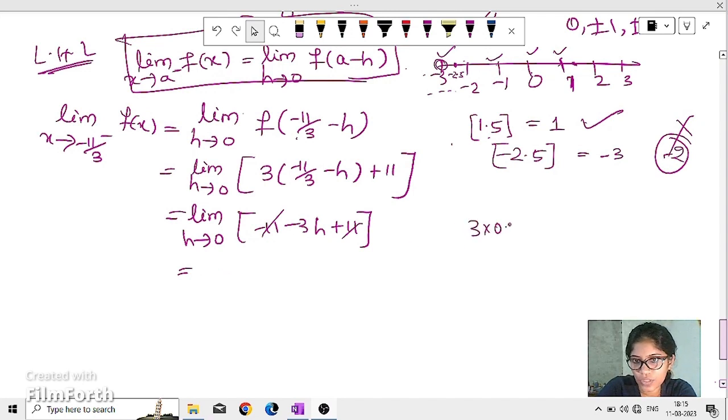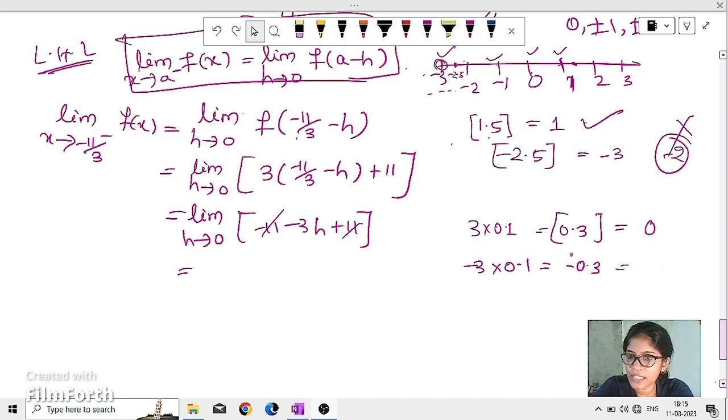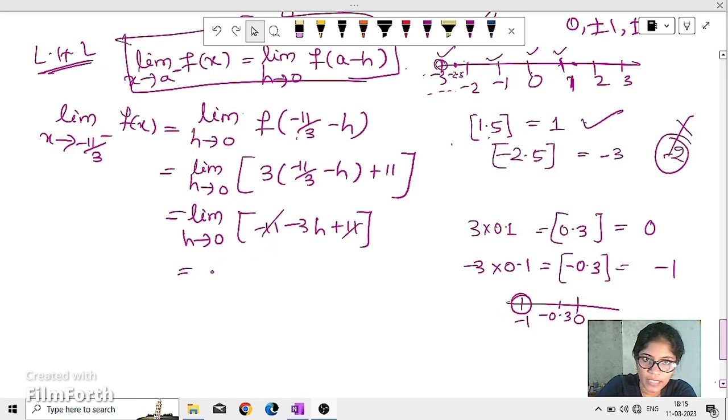Suppose h is 0.1, then minus 3 into 0.1 is equal to minus 0.3. The greatest integer of minus 0.3: drawing the number line, here 0, here minus 0.3, here minus 1, so the greatest integer is minus 1. That implies the limit as h tends to 0 is minus 1.